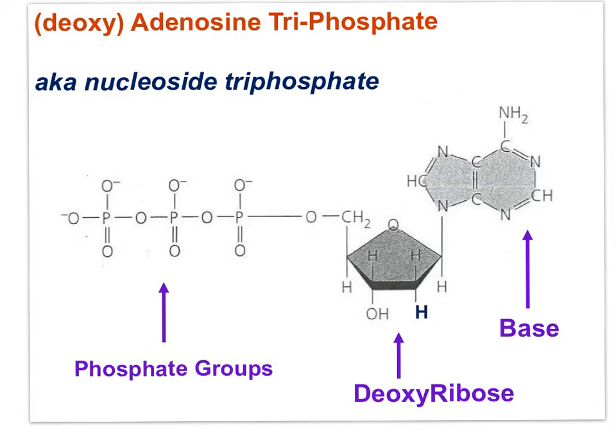Here is a nucleoside triphosphate. This molecule is adenine. There are 3 others: guanine nucleoside triphosphate, cytosine nucleoside triphosphate, and thymine nucleoside triphosphate. This molecule is the precursor to the nucleotide that becomes the monomer in the polymerization of new DNA. 2 phosphates are cleaved off to form the nucleotide, and the released energy is used to form the bonds between nucleotides.